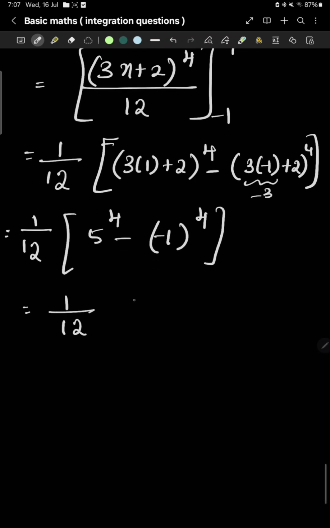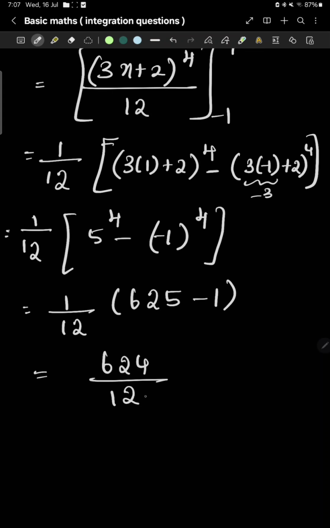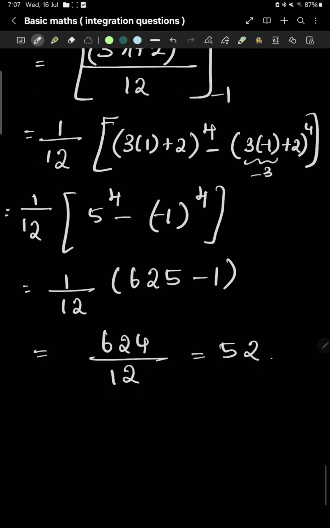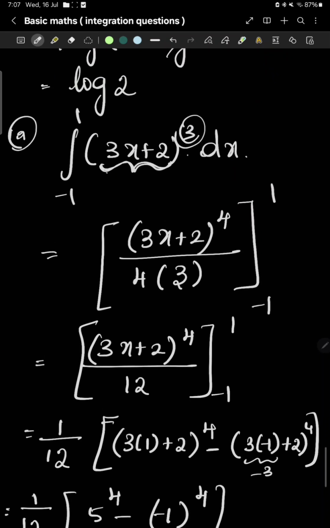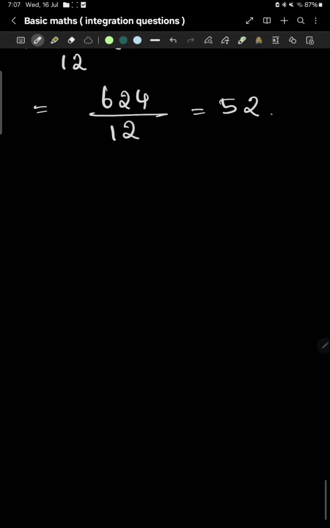So 1 by 12 into 625 minus 1. The answer will be 624 divided by 12. When I do the calculation, we will get the answer as 52. This is the answer for the 19th question.